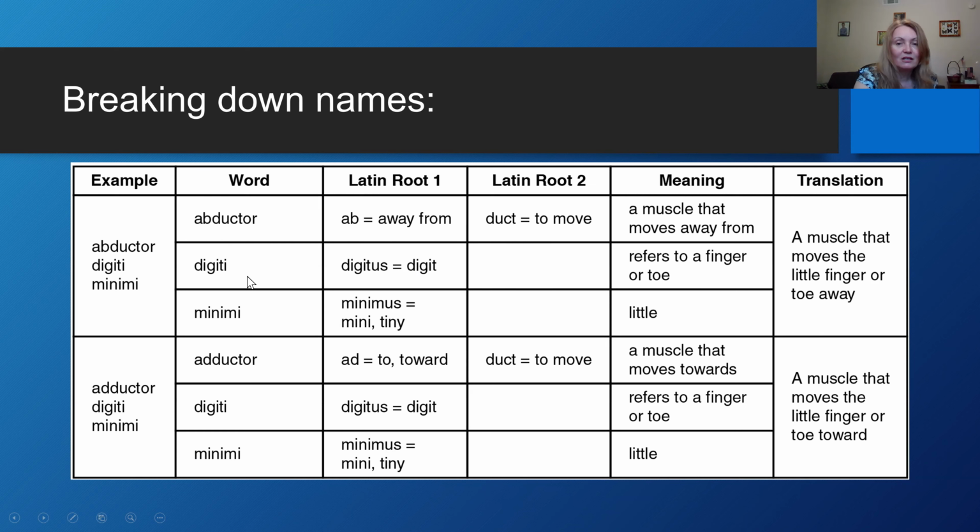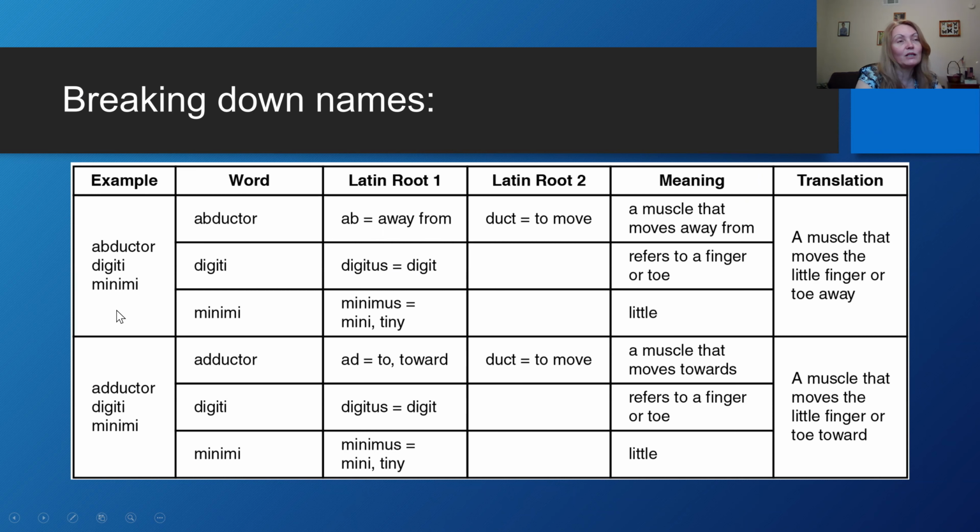Or digiti, that means finger or toe. And if you have muscles like flexor digitorum, that means it's going to flex your fingers. Minimi refers to the size of the muscle, so it's a small, tiny muscle.